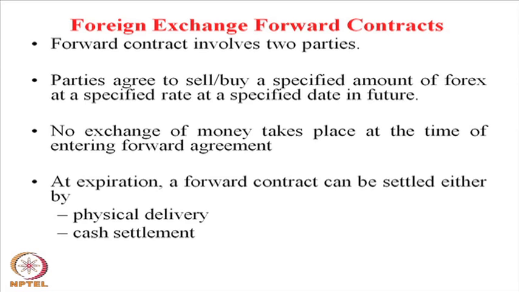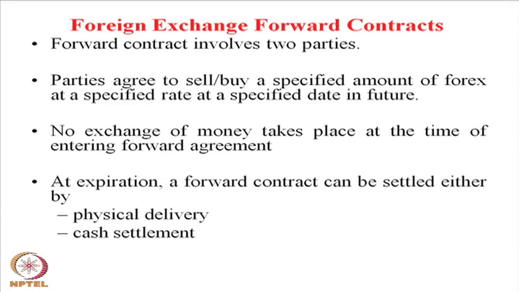At the expiration, the date of the forward contract, signed for 1 month, 2 months, or 3 months, will be specified. At the date of expiration, or when the contract period is over, a forward contract can be settled either by physical delivery, where the 10 million is delivered to the authorized dealer, converted into Indian rupees, and the Indian rupees are paid to the exporter, or by cash settlement.